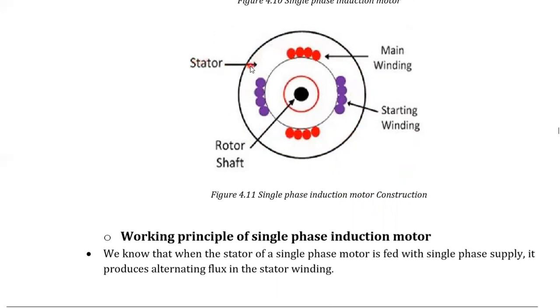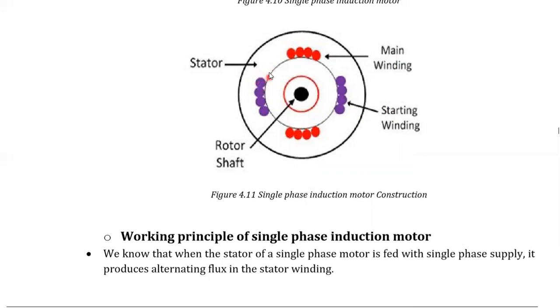The red one is the main winding. The stator has some slots, and some of these slots belong to the main winding. A single phase induction motor has two windings: one main winding and one starting winding. This is called the starting winding of a single phase induction motor.